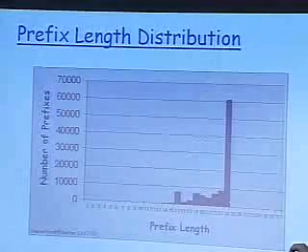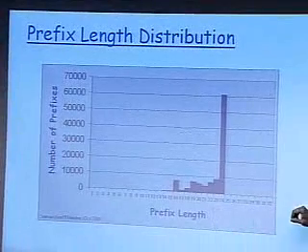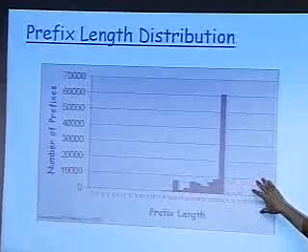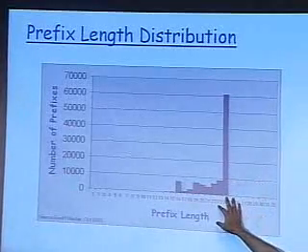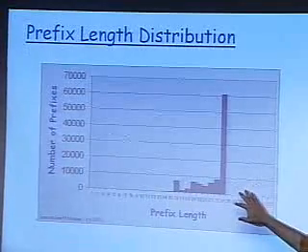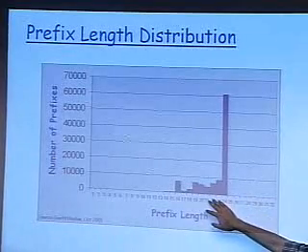What is the prefix length distribution at a typical core router? You see that most of the prefixes in the forwarding table of a core router are /24 addresses. About 60,000 of the prefixes correspond to /24. You have some /23, /22.